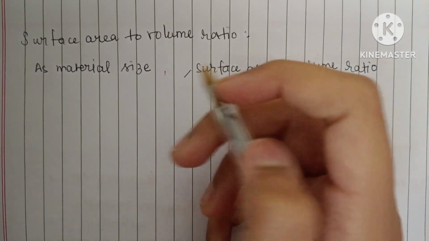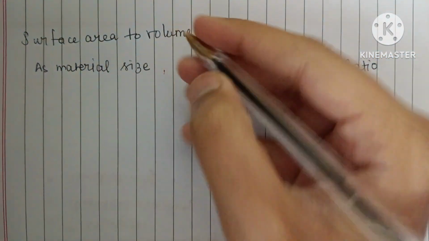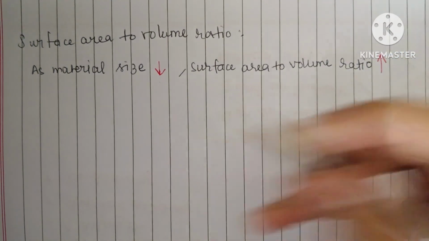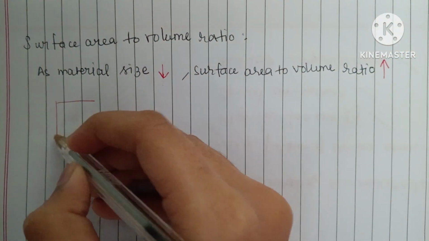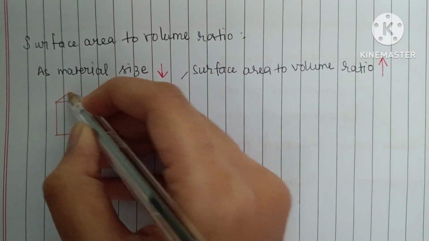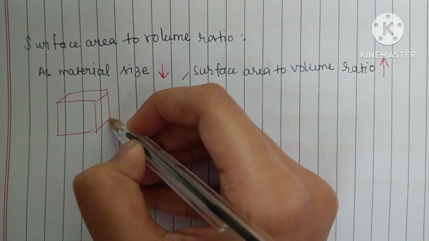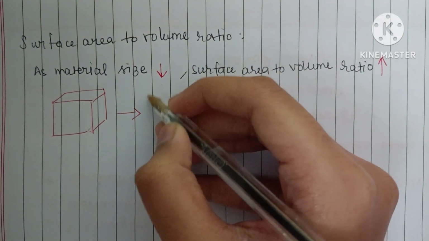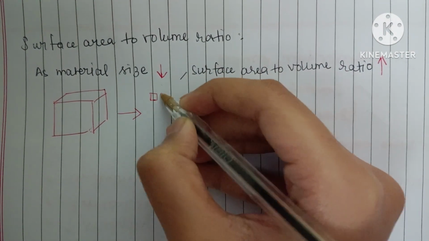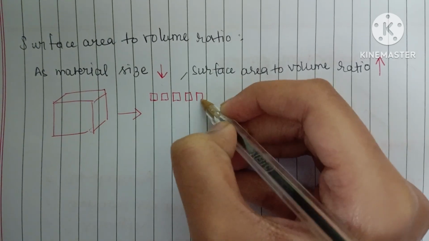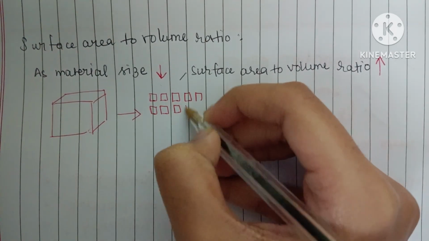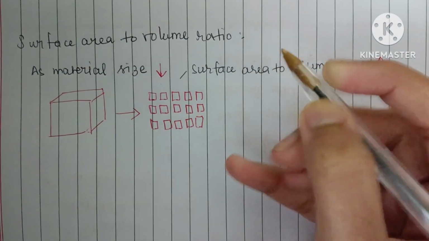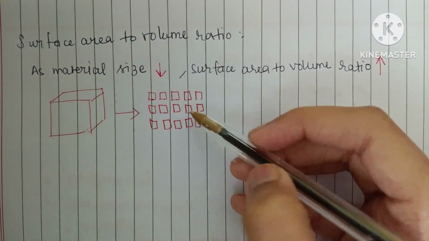Let us look at the property of surface area to volume ratio. As the size of the material reduces, the surface area to volume ratio increases. If this is a bulk material, and it is made into a nanomaterial, then there will be lots of different cubes, and the total volume stays the same for these.